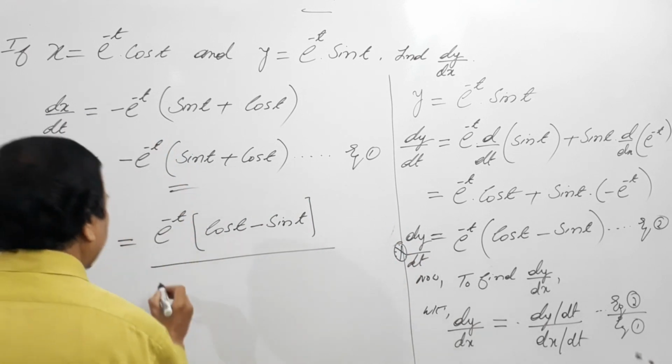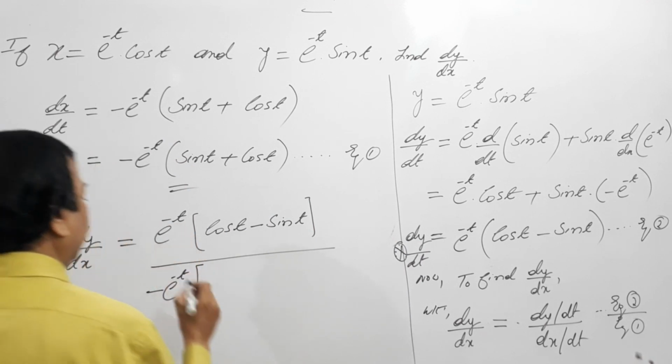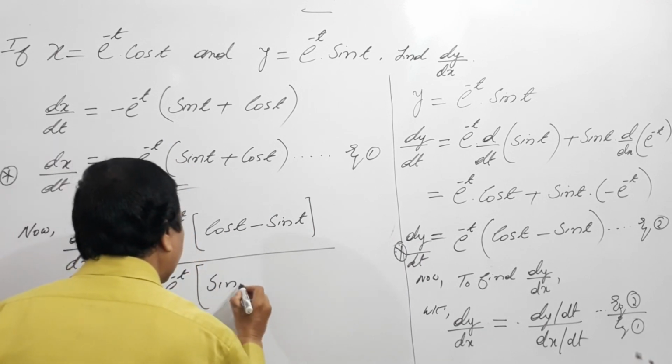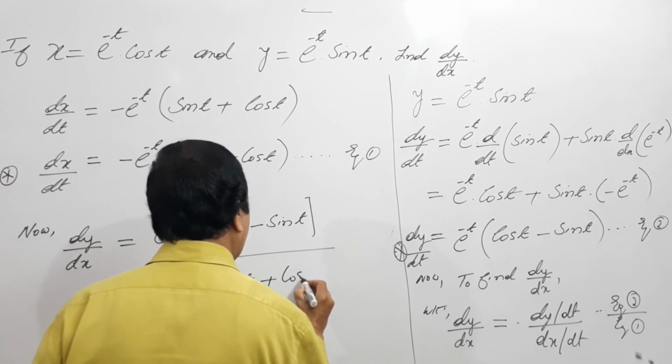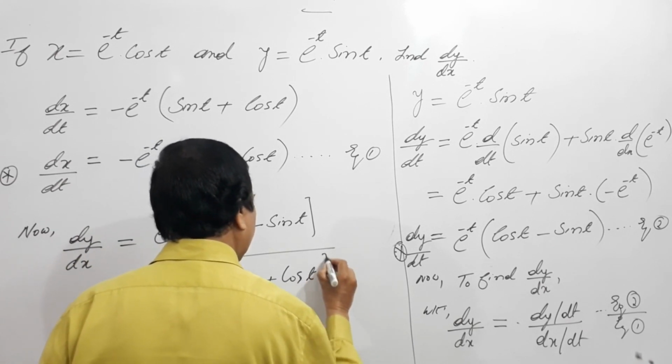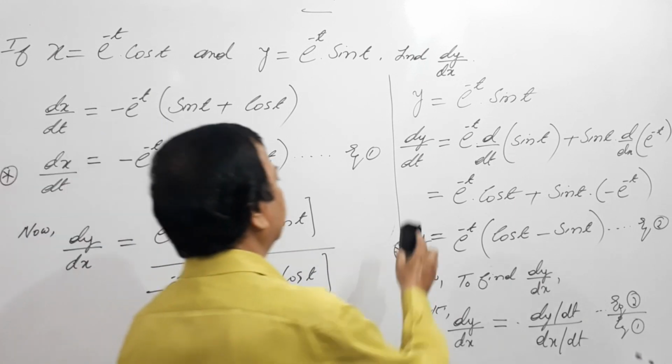It is minus e to the power of minus t into sin t plus cos t. So I'll rub this.